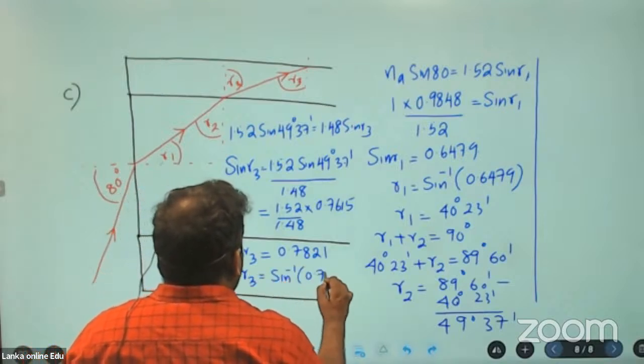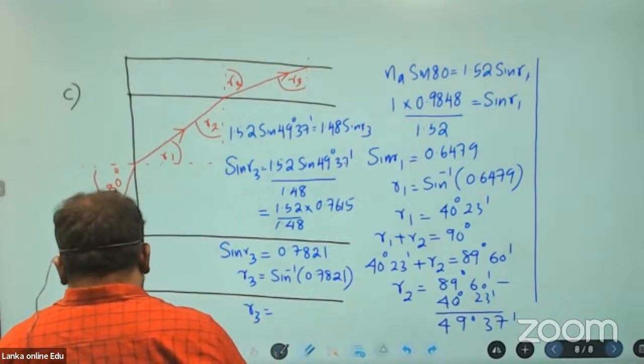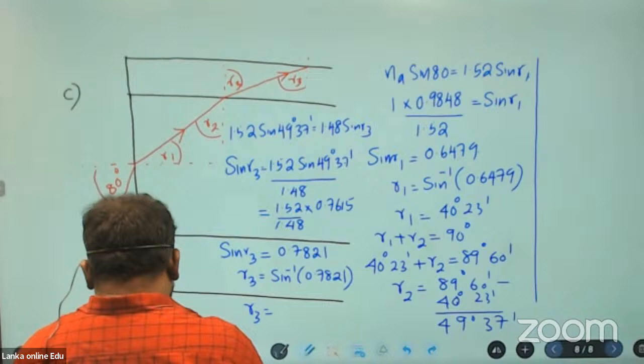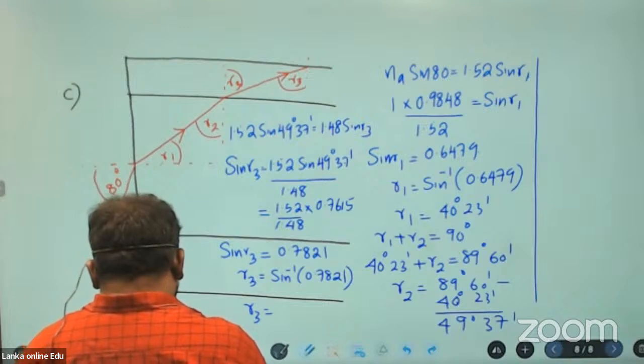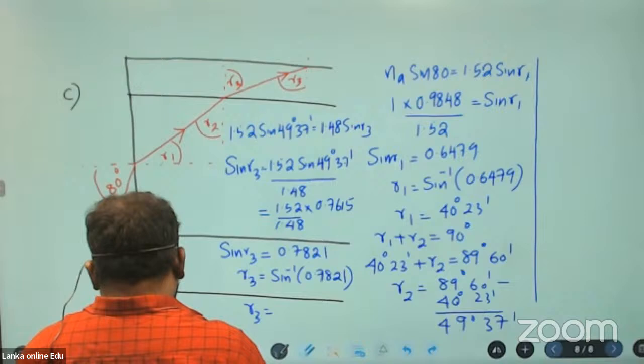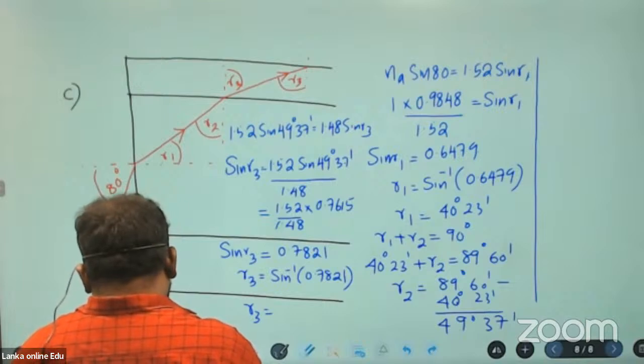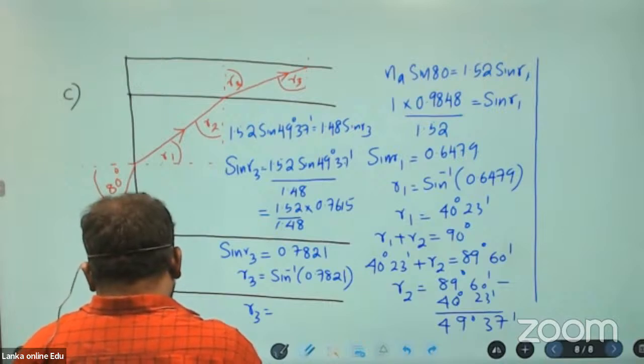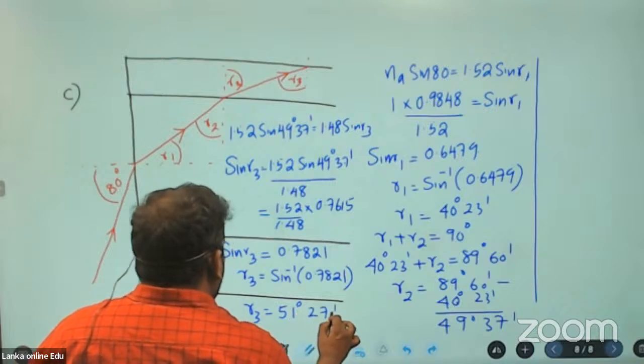R3 is sine inverse of 0.7821, which is 51 degrees 27 minutes.